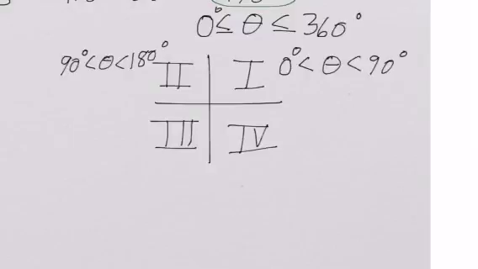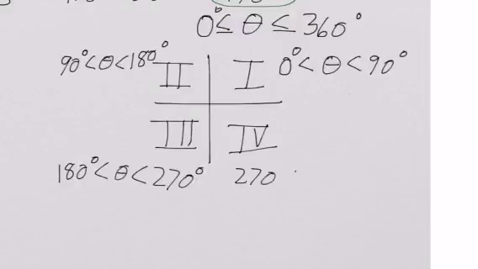In the third quadrant, 180 less than theta less than 270. And finally, the fourth quadrant, 270 less than theta less than 360.